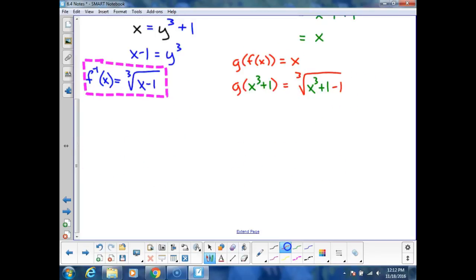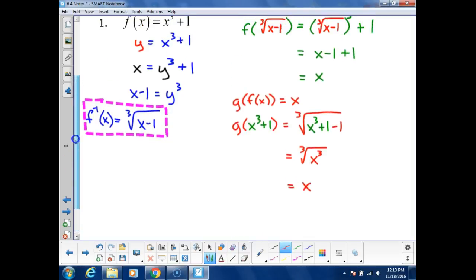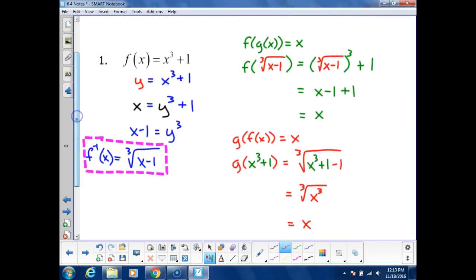Plus 1 minus 1 goes away. Cube root of x cubed just leaves me with x. So now we've proven that the inverse function that we found, or the inverse of f, truly is its inverse.